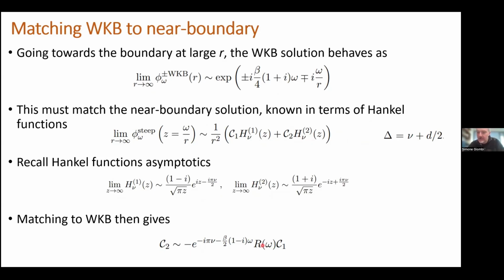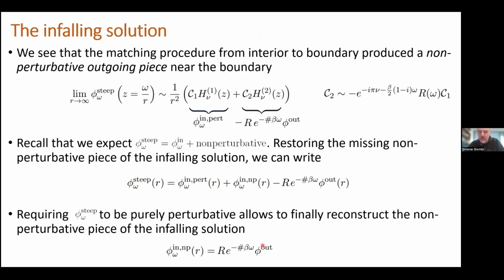So by this series of matching steps, we end up with this behavior of the steepest descent solution near the boundary, which is a combination of H1, which is an infalling mode, and H2, which is an outgoing mode. This H2 has this structure where R is the reflection coefficient.